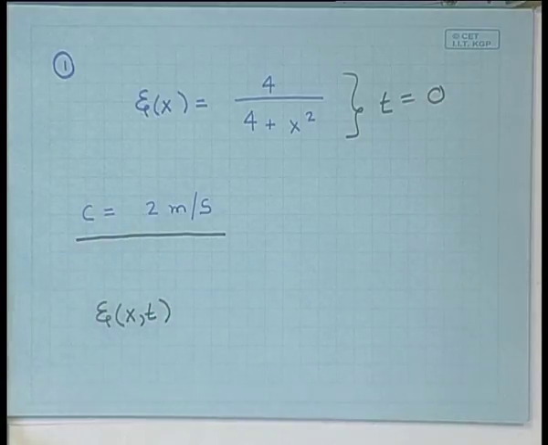So, let me repeat the problem. You have been given the displacement xi at the time t equal to 0. The functional form of xi at t equal to 0 is given, and we are also given the information that this disturbance propagates to the right as a right propagating wave with the speed c, 2 meters per second.